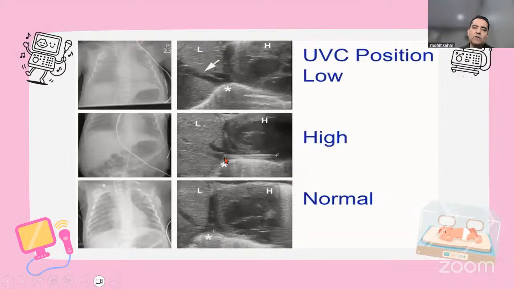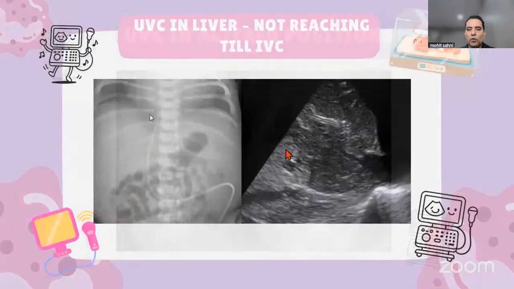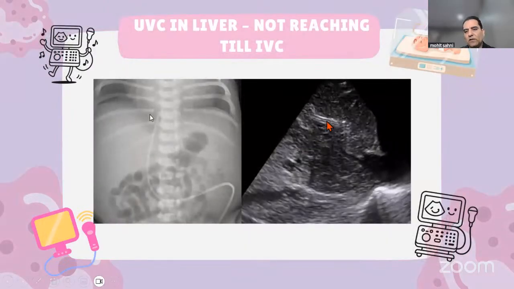And then if it has crossed the IVC and RA junction, then it is in either the RA or RV. It is known as the high lying UVC. So here you see this UVC is in the liver, either high or low. Here you can see this is still in the portal sinus, and here is the ductus venosus.